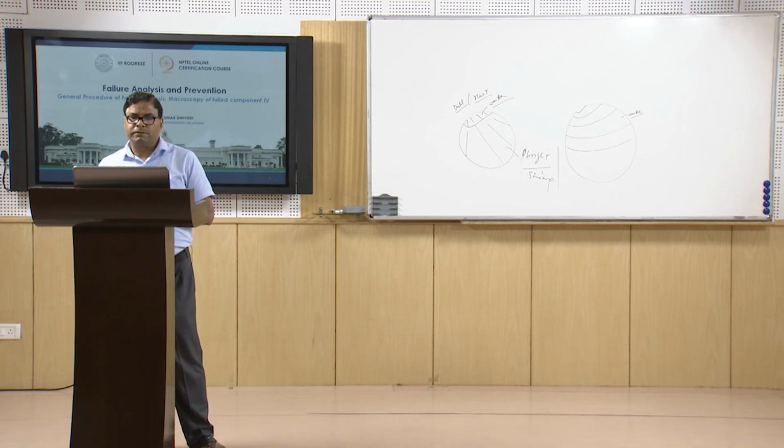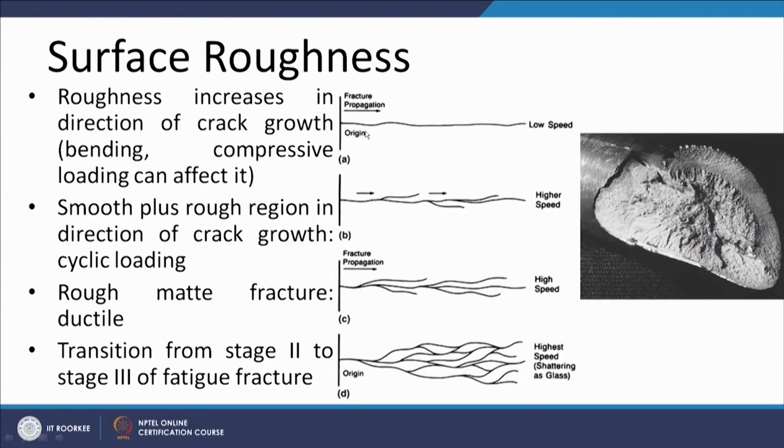So, for that, what do we need to see? We need to see just this diagram. Say this is the origin of the crack nucleation, and it grows gradually with time at a low speed. Then the surface is very smooth and the ups and downs are less.